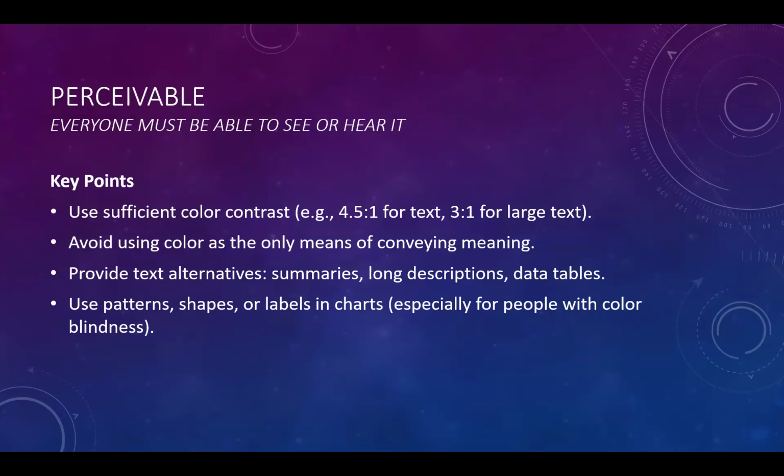So a good practical example of this principle includes ensuring that color contrast is being implemented. Color is not the only way of conveying meaning. Providing text alternatives and using patterns and shapes or labels in charts are good practical examples of how you can ensure that you're meeting this perceivable principle because it's being perceived by one of the senses.